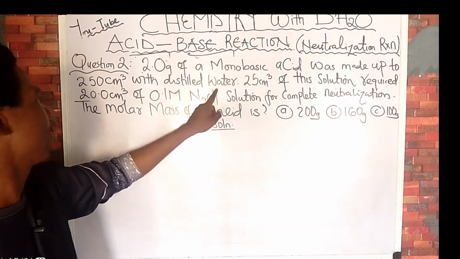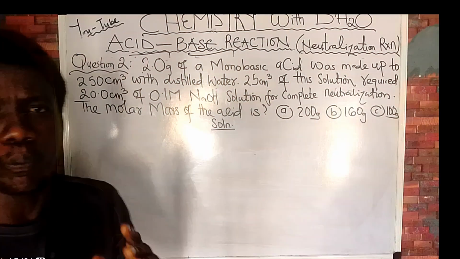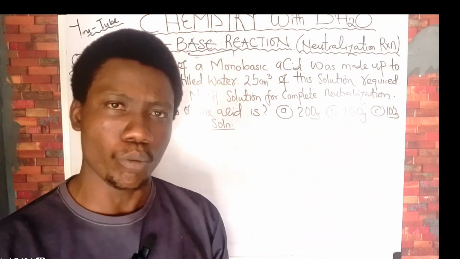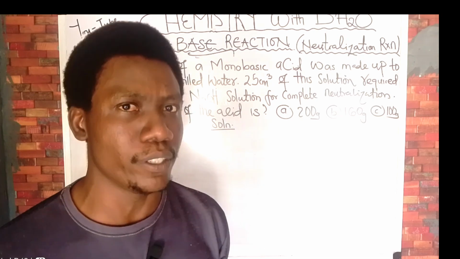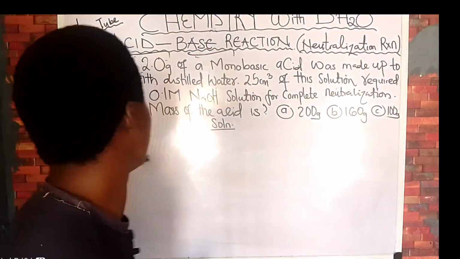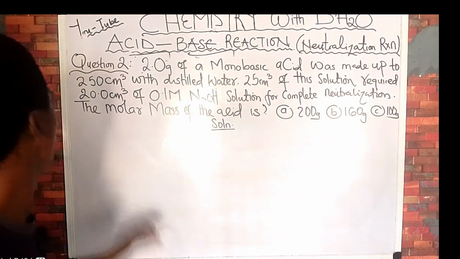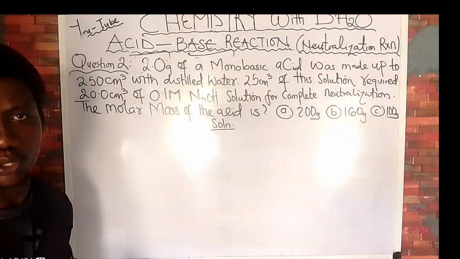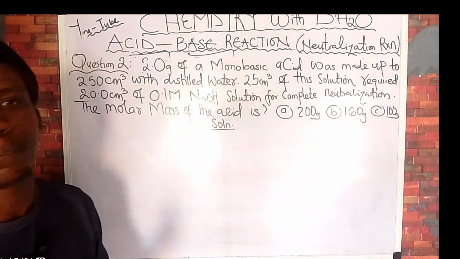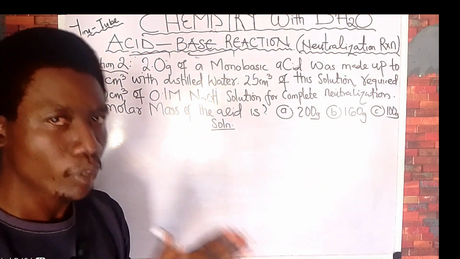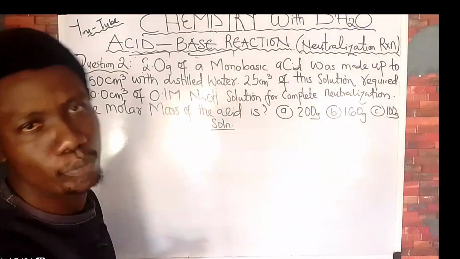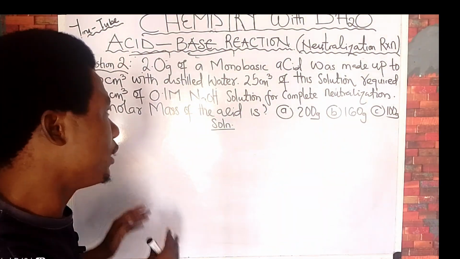Do you understand? Now they took 2.0 gram of the monobasic acid and they dissolved it in a solution that is made up to 250 cm³. Do you understand? So they were trying to prepare the concentration of the monobasic acid.